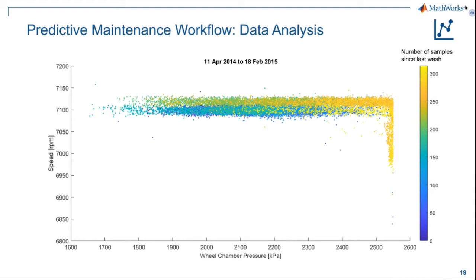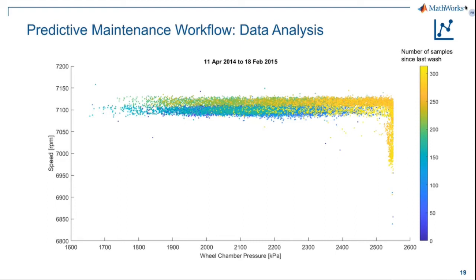Earlier, I mentioned that we had 3 variables of interest for characterizing the turbine behavior, which were speed, wheel chamber pressure, and steam throughput. We looked at various visualizations of the data, so 3D and 4D plots of different sensor combinations and ratios, trying to identify the key features, one of which was looking at speed against the wheel chamber pressure and how this varied over time, which is shown by this color bar.